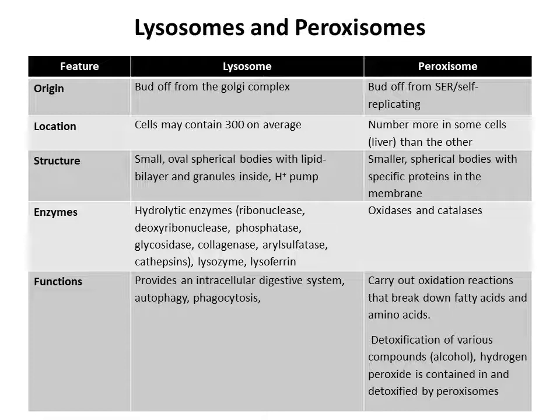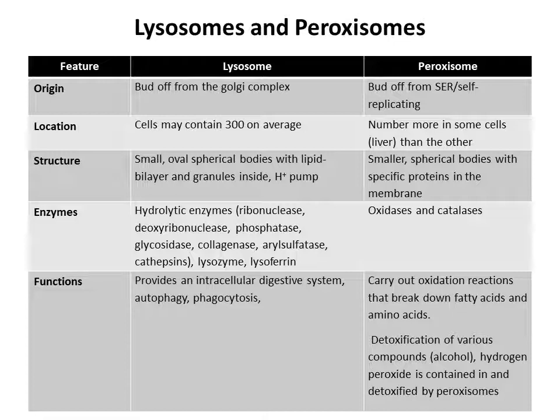As for the locations, cells may contain 300 or more lysosomes, whereas for the peroxisomes their number varies from cell to cell. In some cells they are more concentrated as compared to other cells, for example in liver cells or the hepatocytes.